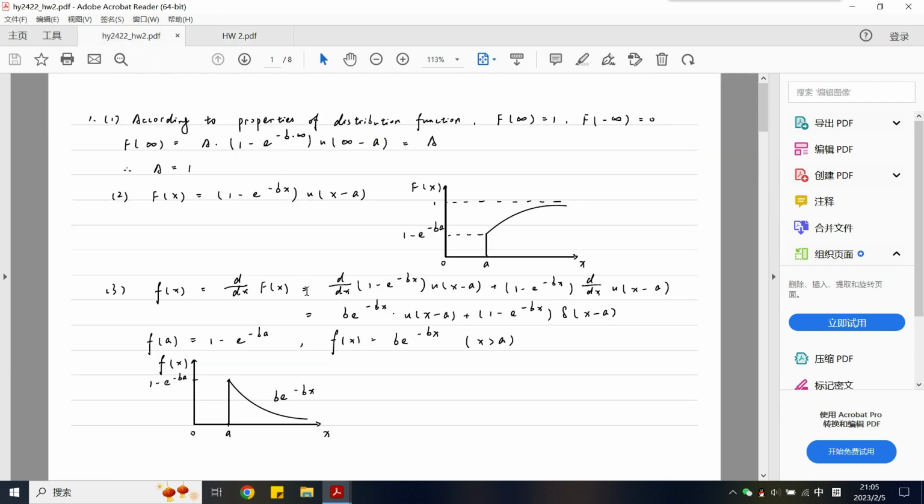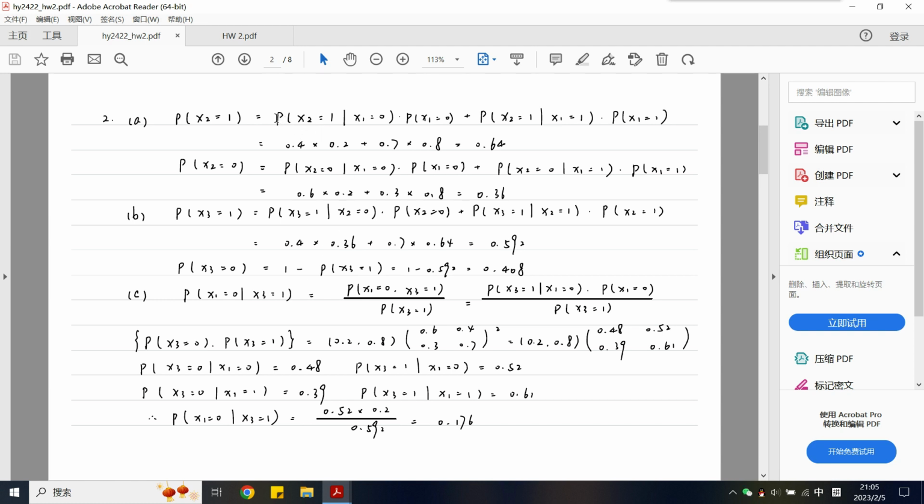After that, we can write this formula: the probability x1 equals 0 times the probability x2 is 1 given that x1 is 0, plus the probability x1 is 1 times the probability that x2 is 1 given that x1 is 1.